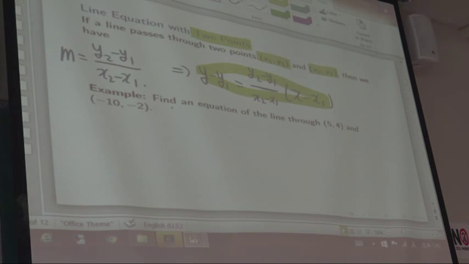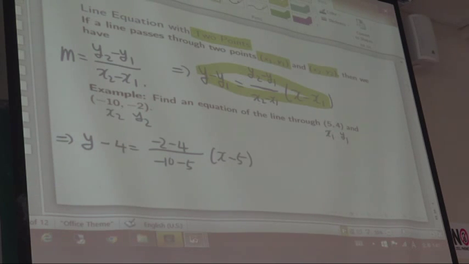Now let's use this. We're going to find the equation of the line which passes through the 2 given points, 5, 4 and -10, -2. This is x1 and y1, and this is x2 and y2. So plug in, then we have y minus 4 is equal to y2 minus y1, which is -2 minus 4, over x2 minus x1, which is -10 minus 5, times x minus x1.